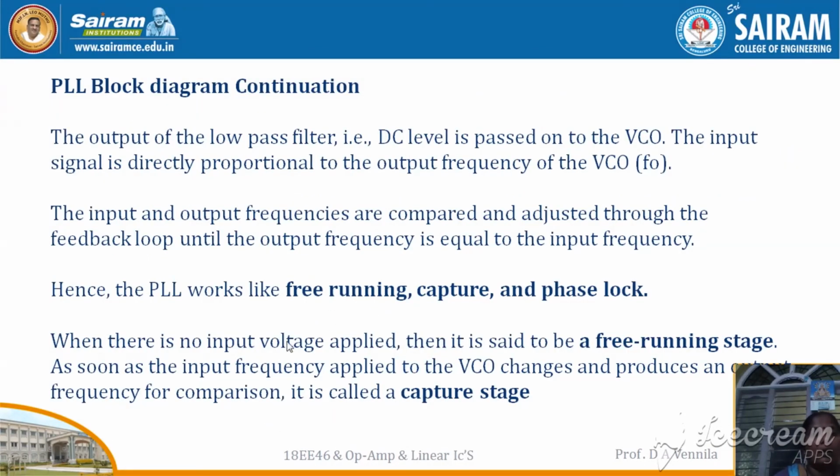Now again, the output of the low pass filter will be DC level and it is passed to the VCO. The output of this voltage control oscillator is F0, and this output will be compared with your input frequency. The input and output frequencies are compared and adjusted through the feedback loop.